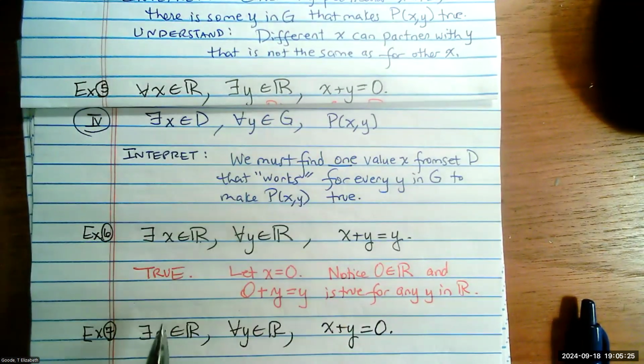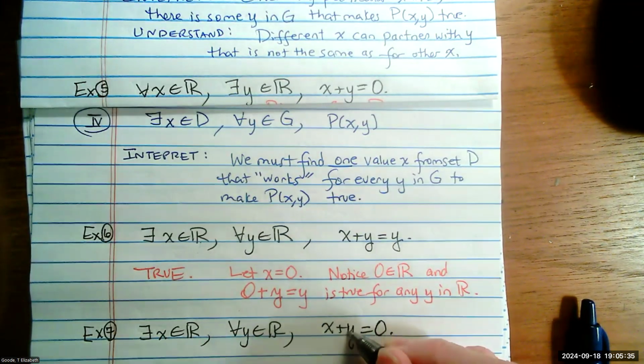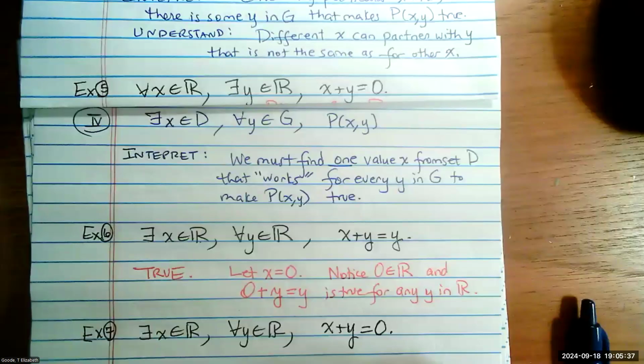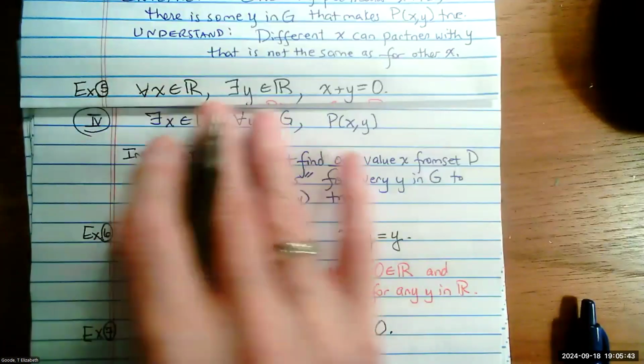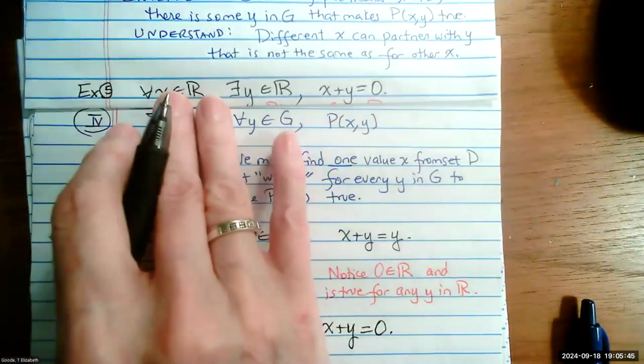Can we find one value x that will work for every y in the reals to make x plus y equals 0 true? No. Nope. And it's kind of related to what we were thinking about here for all there exists.